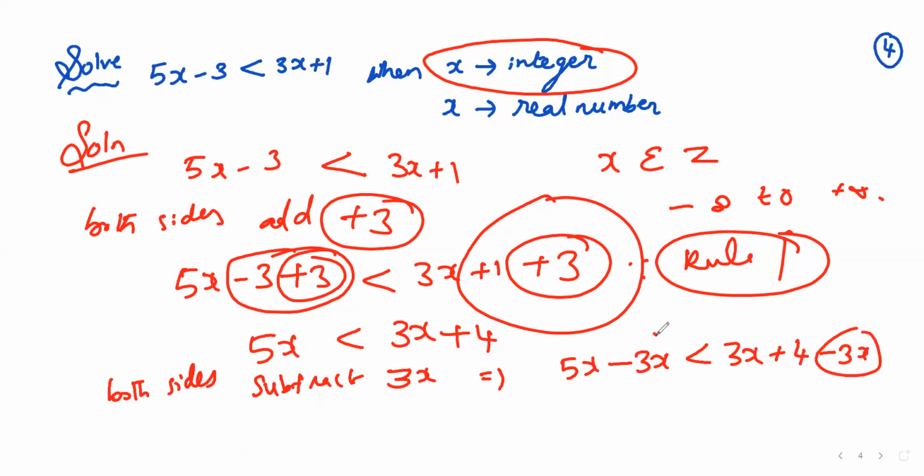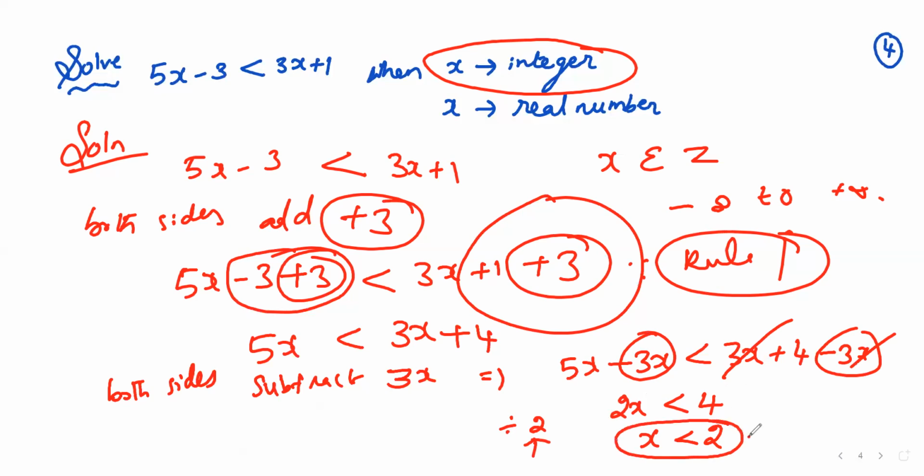We did the same thing on both sides, isn't it? So this side 2x is less than 4, as this cancelled. And you divide by 2. This is a positive number. So x is less than 2. On both sides we did division. This is the answer.